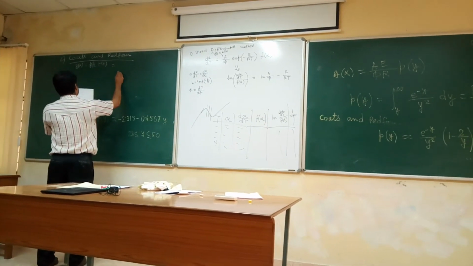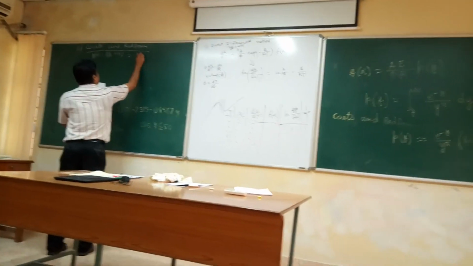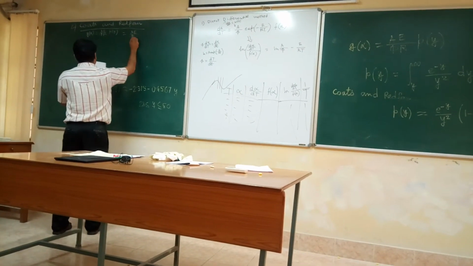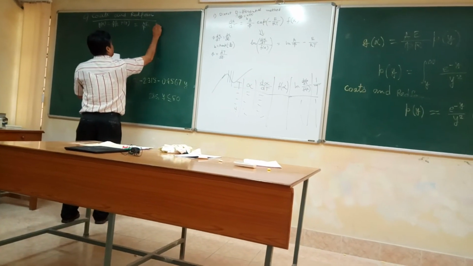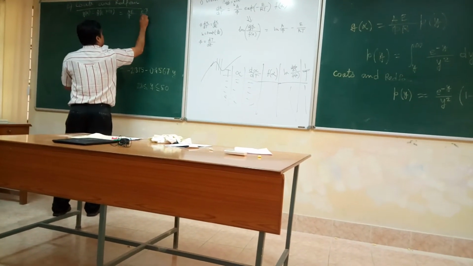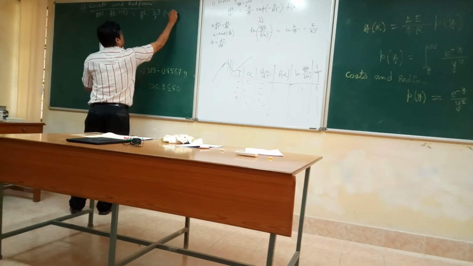So it is AE over φR, then e to the power minus y over y square, times 1 minus 2 over y.